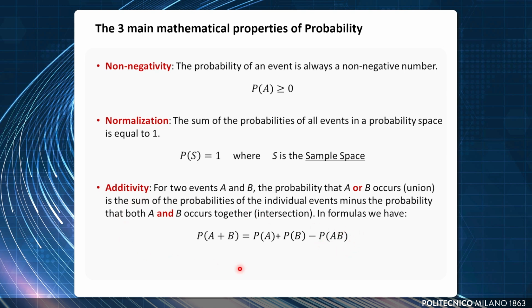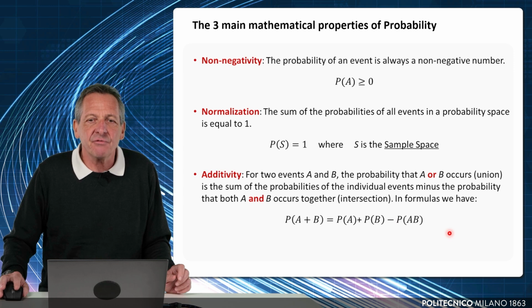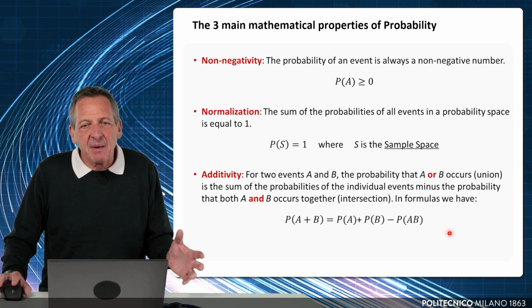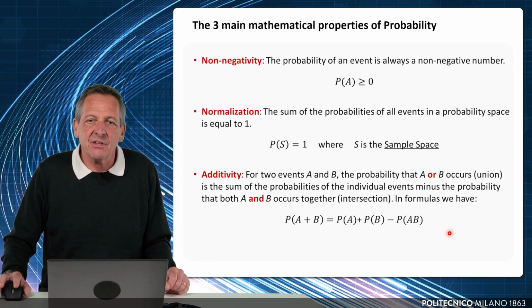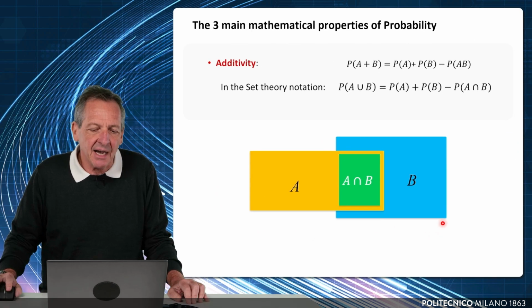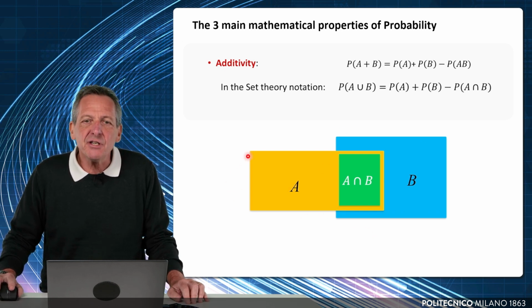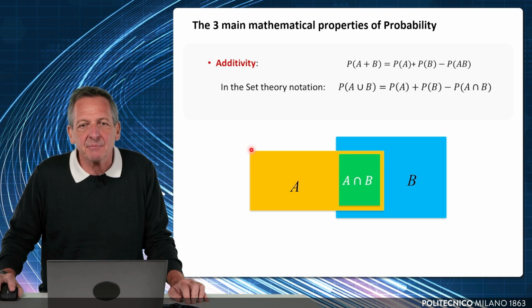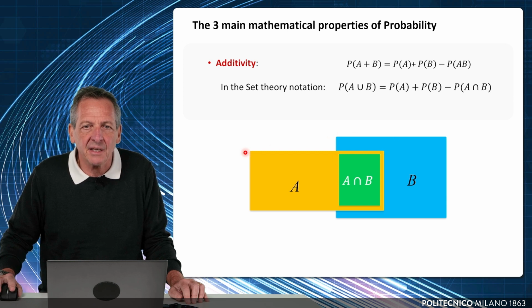In order to understand the rationale of this formula, we can pass to the set theory notation. We represent an event A, for example, with this yellow rectangle here, and event B with the other rectangle in blue here, and the union of the two events A and B is this area here that I'm following with the pointer.